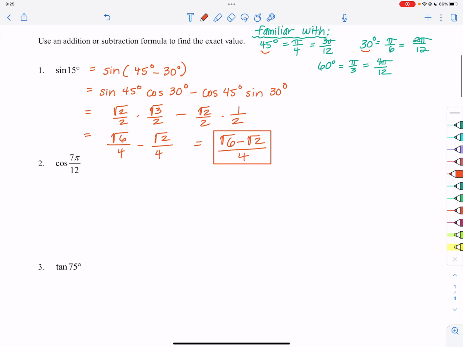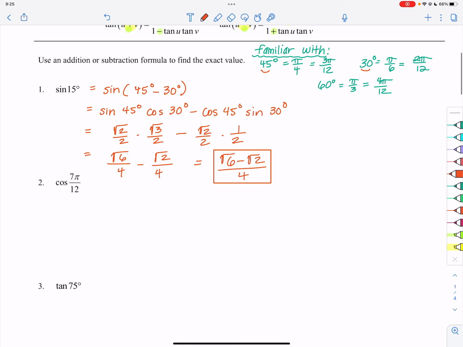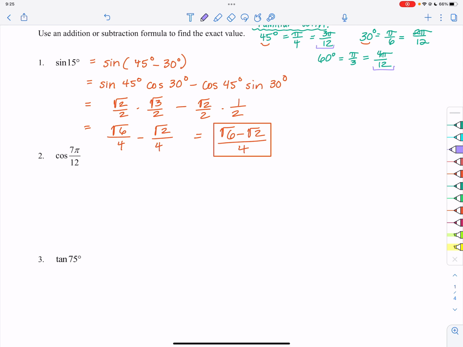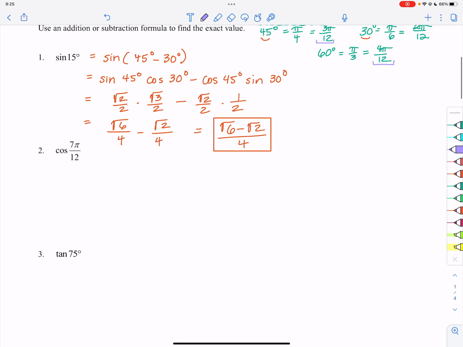Let's try number 2. We have the cosine of 7 pi over 12. So looking over here, we could see that 3 pi over 12 plus 4 pi over 12 is equal to 7 pi over 12.